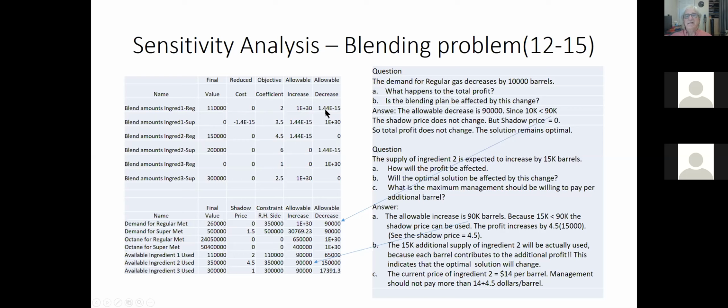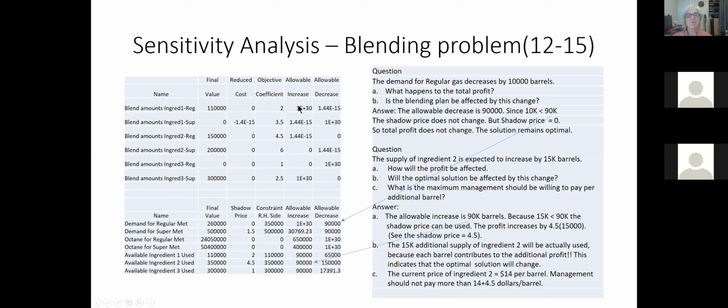Even more is the other number here. The allowable decrease is practically 0. It tells you that you can reduce the number 2 by 0 before the optimal solution is changing. So every little change in reduction in the profit of $2, say $2.99, 1 cent less, this optimal blend is going to be somewhere else.